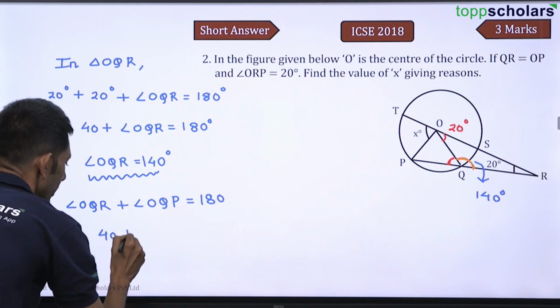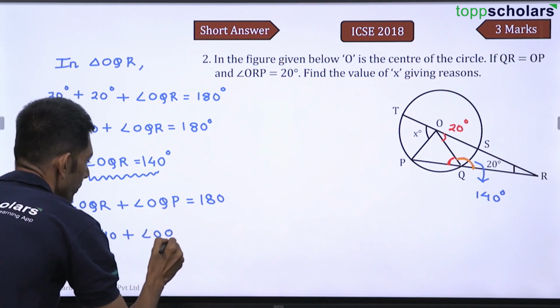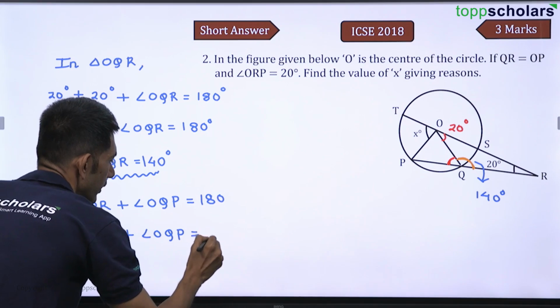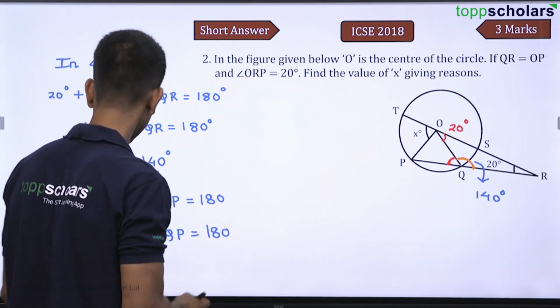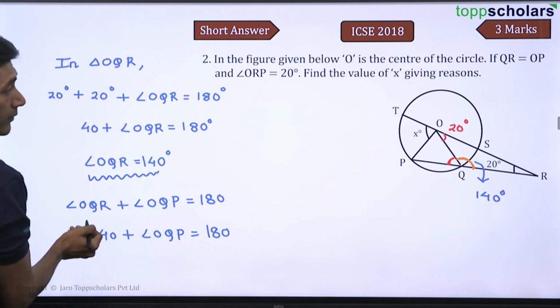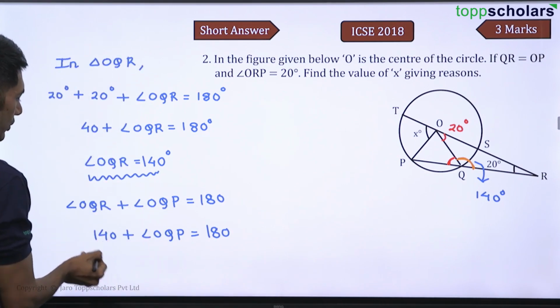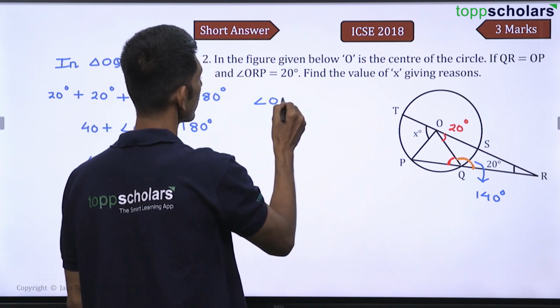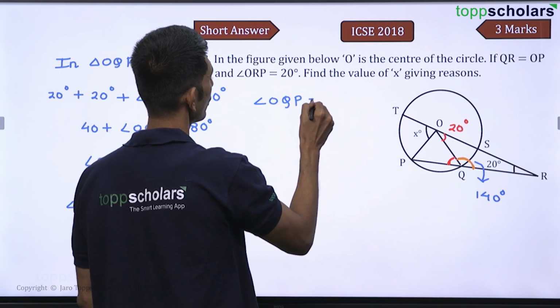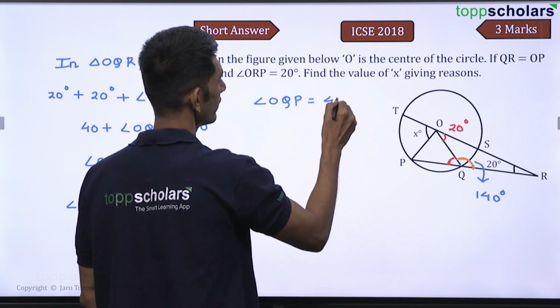So 40 plus angle OQP is equal to 180. So if I shift 40 to the other side, that's 140 to the other side. So that gets angle OQP is equal to 180 minus 140, that is 40 degrees.